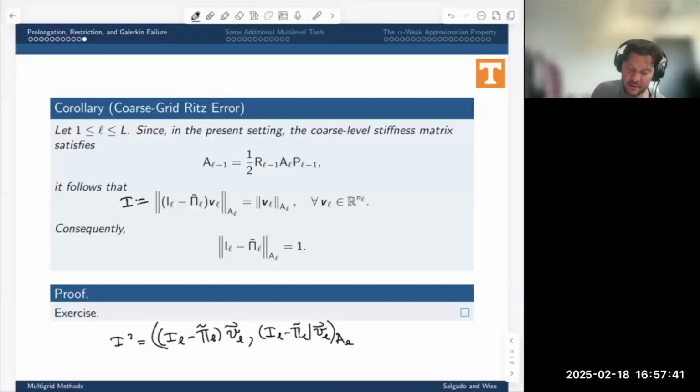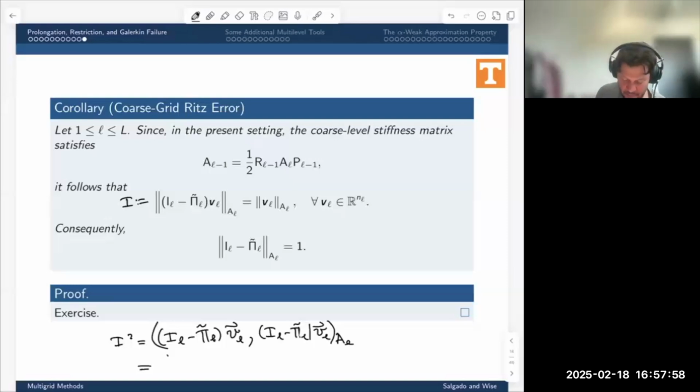Now remember we said that no matter what, this is still self-adjoint, so I can throw it to the other side. But when I throw it to the other side, that adjoint just disappears.